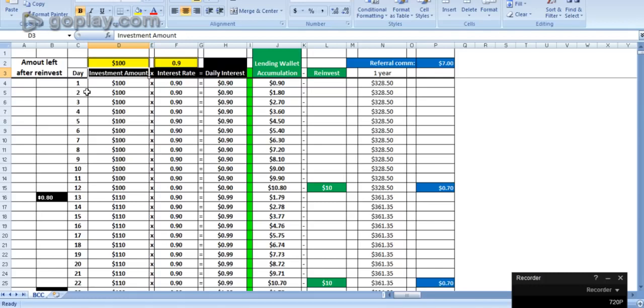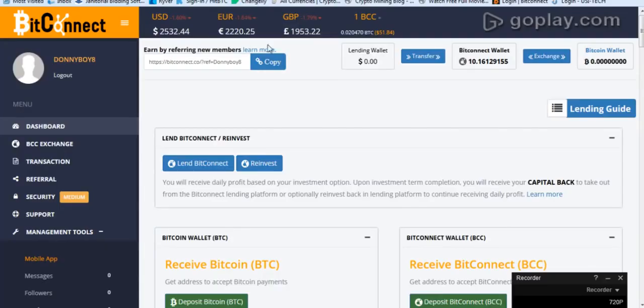So if you put in your initial investment of $100, you'll be getting the average of 0.9% interest every day, and that is going to pay you out about 90 cents per day. So you can see here is your wallet. That is just using this amount right here.